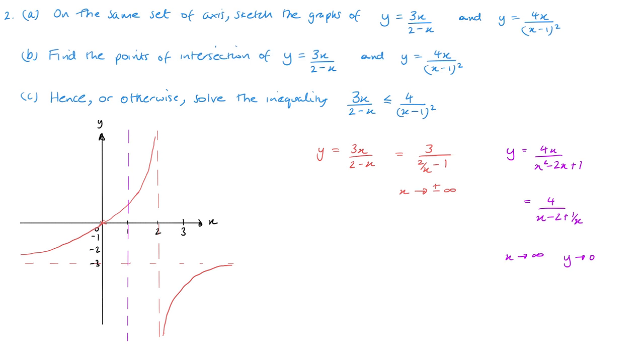Okay, and if I looked at negative infinity, this x would be negative. Negative infinity minus 2 isn't going to change it, plus effectively 0. So this is 4 over negative infinity, which is a negative value, but effectively 0, isn't it?